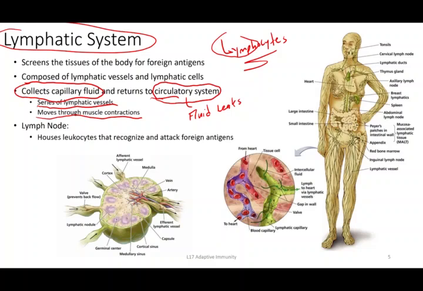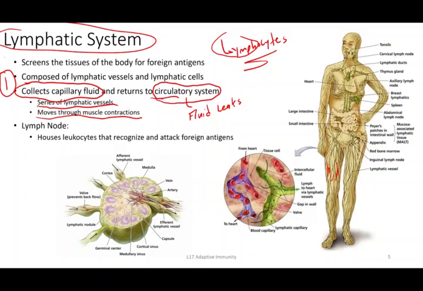And so the way that the fluid is going to be returned is just the muscles as they contract within different areas are going to kind of squeeze it like a tube of toothpaste. And so it's going to be a one-way direction of this fluid that gets ultimately back to the trunk and then dumped back into our circulatory system. So that's one function. So you can think of the lymphatic system as being a really important part of kind of a sister to the circulatory system.